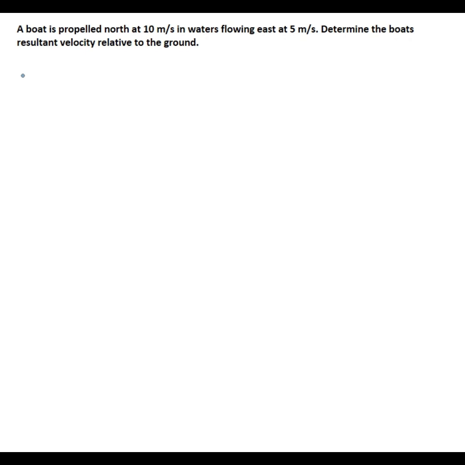For this next question, a boat is propelled north at 10 meters a second in waters flowing east at 5 meters a second. Determine the boat's resultant velocity relative to the ground. We should start by drawing out this problem.